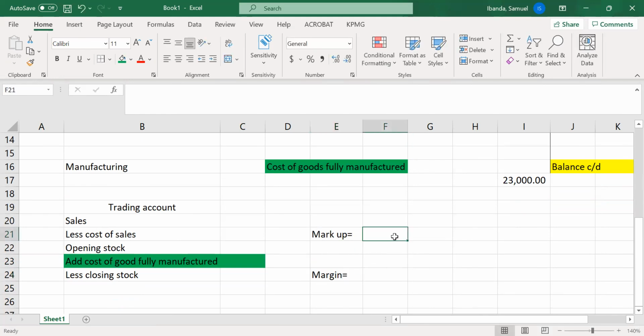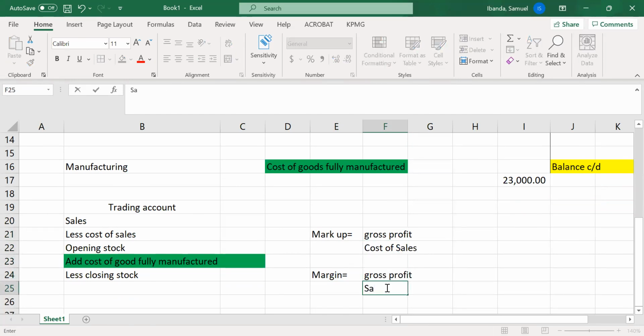Now, we know very well that markup is gross profit as a percentage of cost of sales. Well, margin is gross profit as a percentage of sales. Definitely, of course, these are times 100%, because these are usually at 100%.